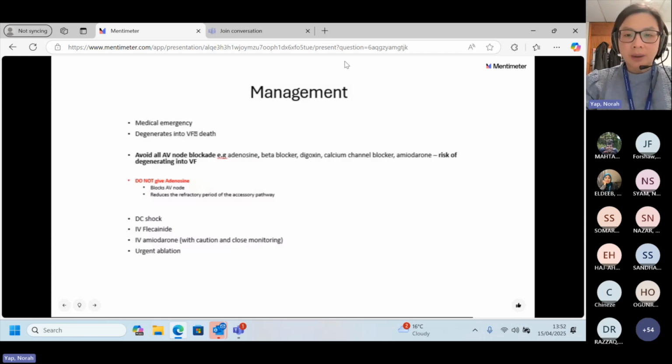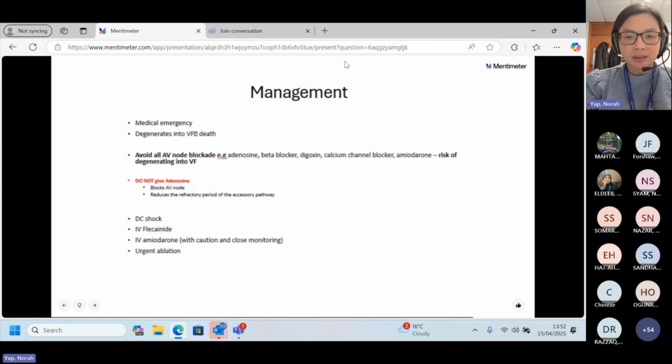If you don't want to shock the patient and you prefer to go down the amiodarone route, be prepared that there's a high chance that you need to shock the patient out of it. So preferably DC shock. If you can't DC shock for whatever reason, then flecainide would be the next best choice.